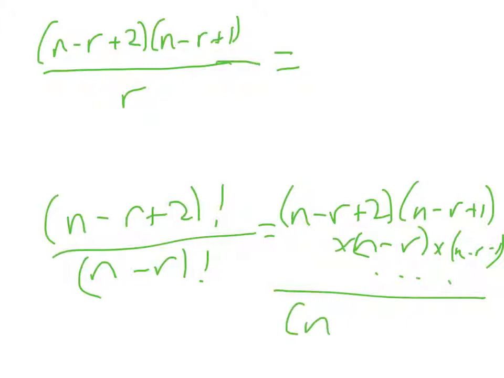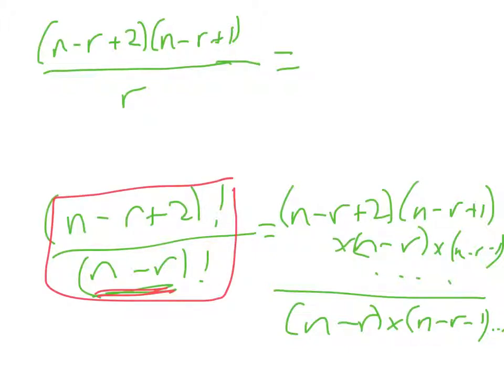And I've got most of that in here. Right? So what I get left with when I'm simplifying this factorial is just the first two terms, so n minus r plus 2 times n minus r plus 1. The rest you can cancel out.